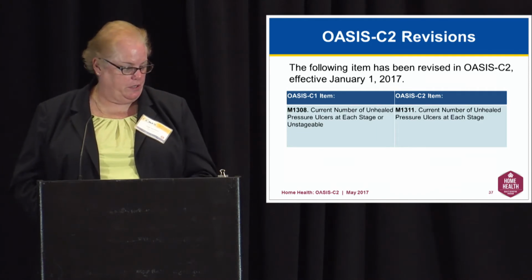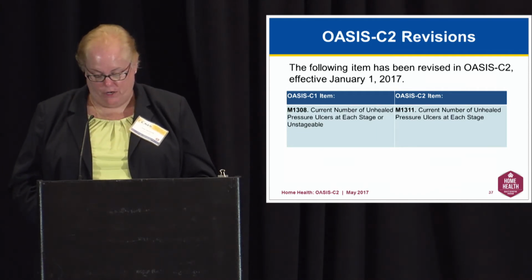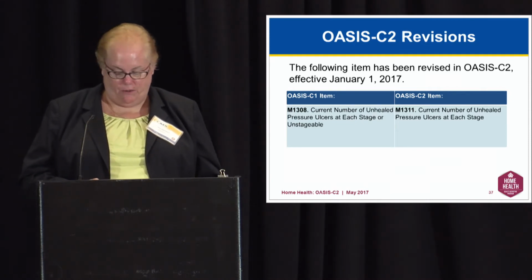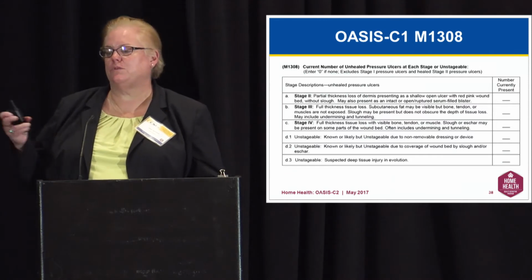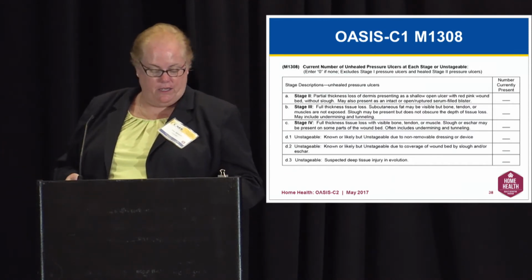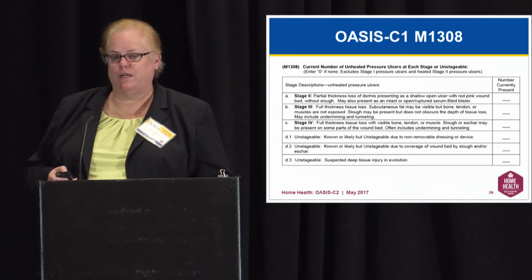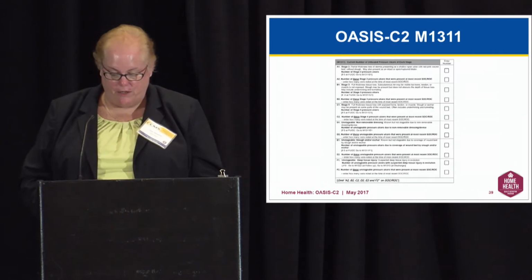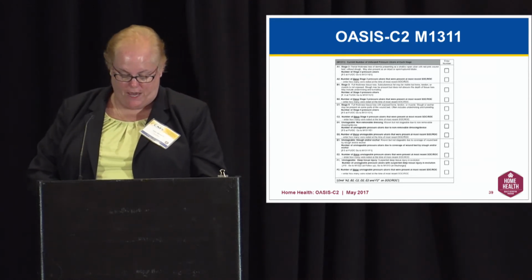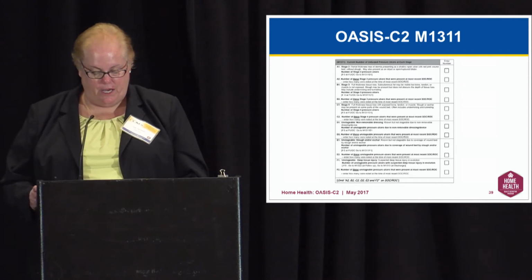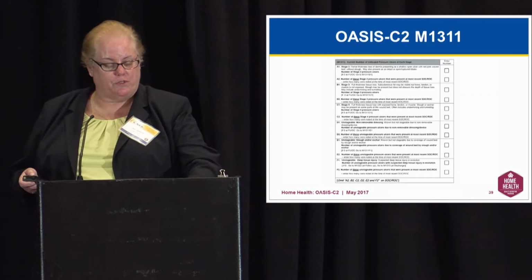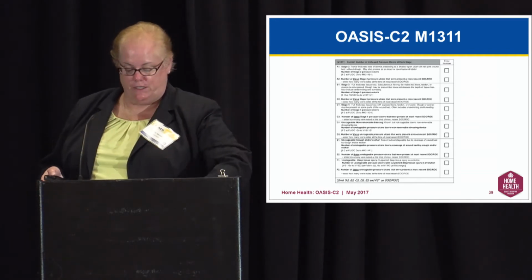We're missing the word unstageable, and it's saying the current number of unhealed pressure ulcers at each stage. Now, I know this is small, you don't need to read it. What I wanted to show you is what the item looks like in the OASIS-C1, and here's what the item looks like in the OASIS-C2. And you'll note the number changing and the formatting. And then the second row is new, and I know it's very hard to see here, but you will see some of that coding in your practice scenarios.